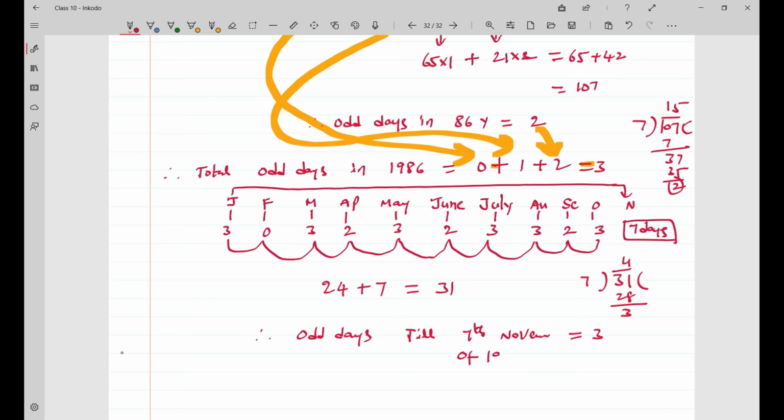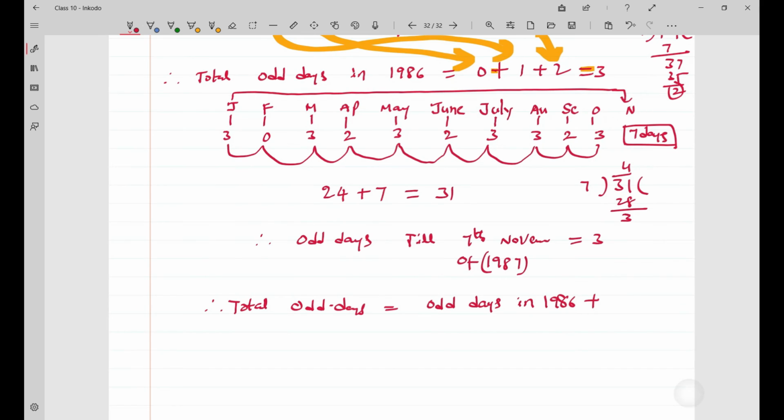Therefore total odd days is equal to odd days in 1986 plus odd days till 7th November of 1987.